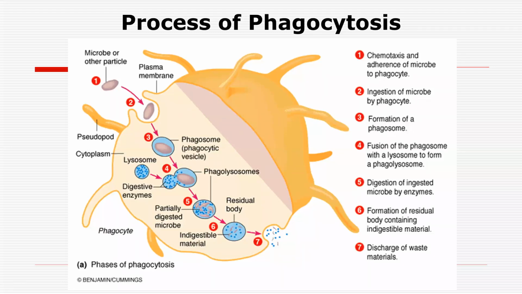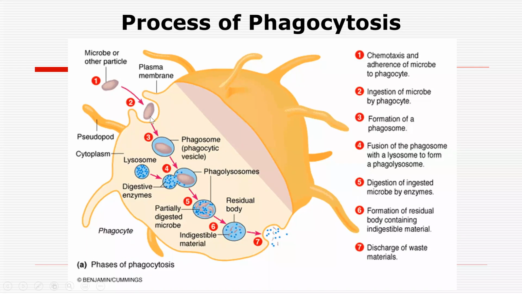And when that recognition occurs, then the phagocytic cell starts forming what is called a membrane around that pathogen. When you go deeper, you realize that they start forming pseudopodia. So when these protrusions start forming, we call that pseudopodia.